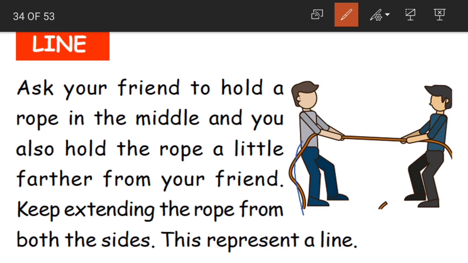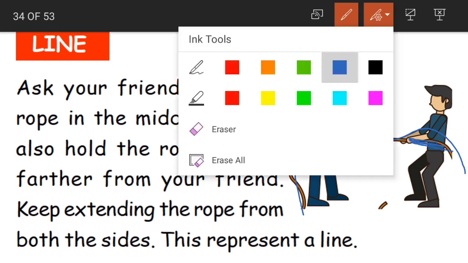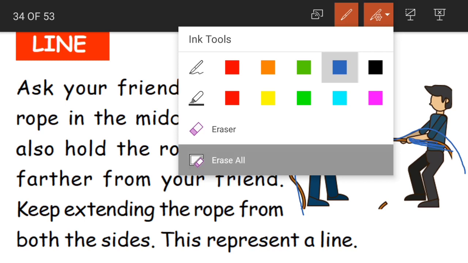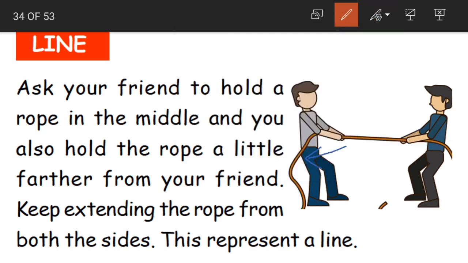But when you consider the whole rope, children, see, I can move back like this, right? I can keep extending the rope, and even my friend can keep on extending the rope till we reach the end of the rope. So what can we observe here? We can extend our length from both the sides.